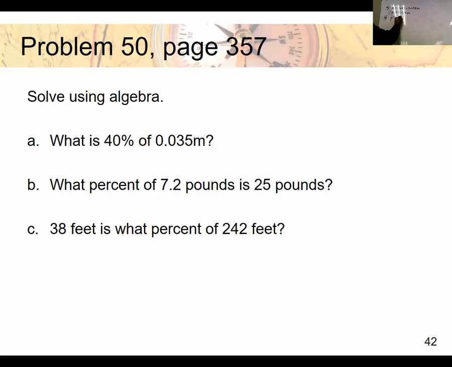And the word of 7.2 pounds is equal to 25 pounds. Okay. So here, I'm gonna write this as P over 100 times 7.2 is equal to 25.